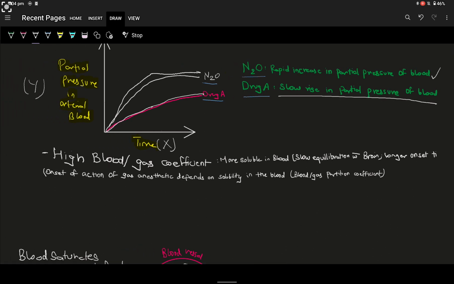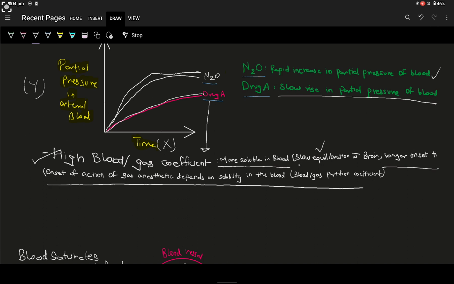So high blood gas coefficient is the thing which is relevant to drug A. That is, it is more soluble in blood and it takes a longer onset time to have its effect in the system. So we can say that it is slow equilibration with the brain. The onset of gas anesthetic depends on the solubility in the blood, and it is also called the blood gas partition coefficient.